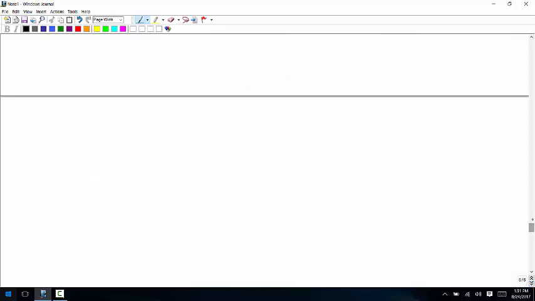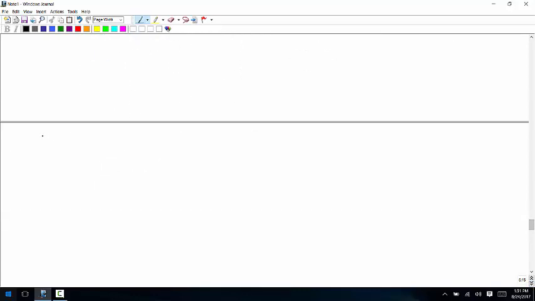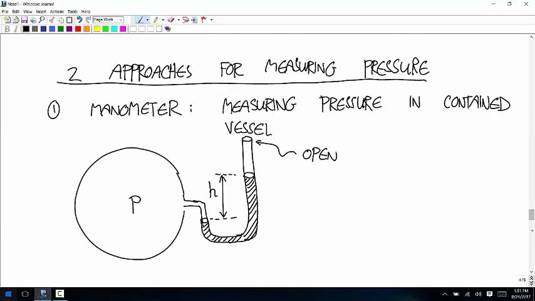And the second approach is a barometer. That's for measuring the pressure in the atmosphere.